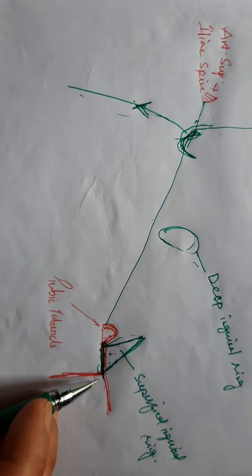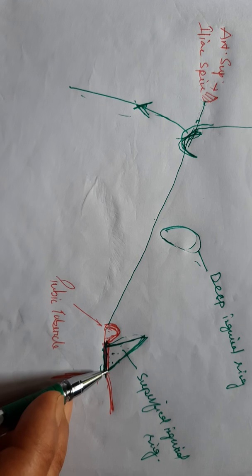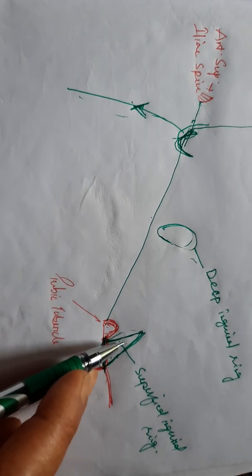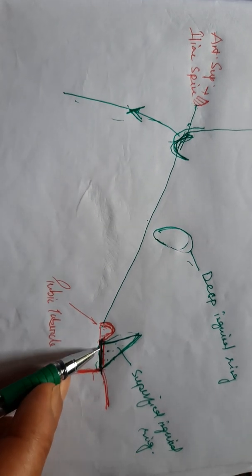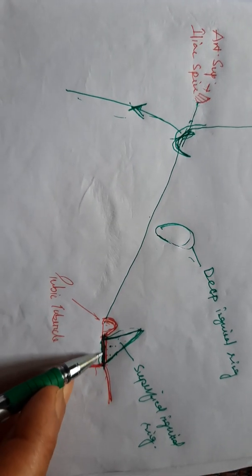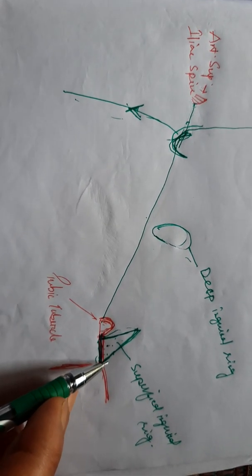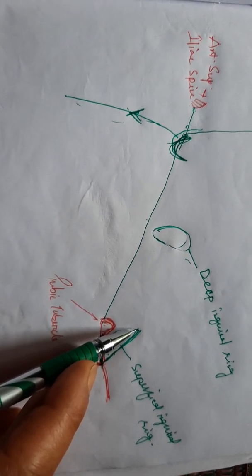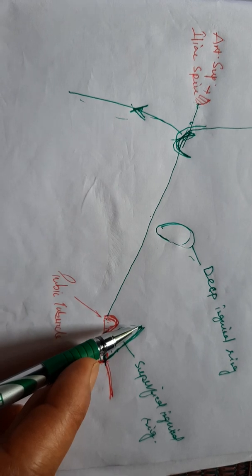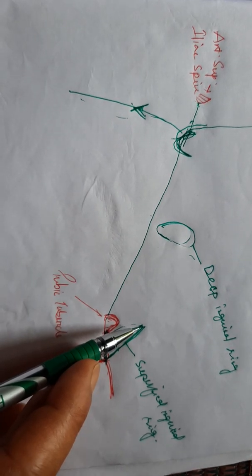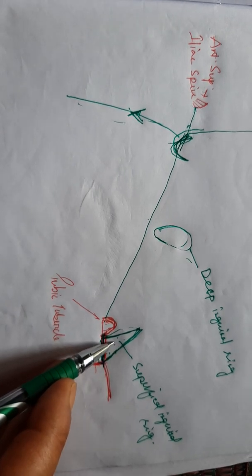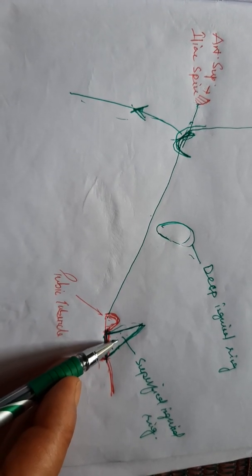Again, regarding the superficial inguinal ring, one thing you have to remember is that it is triangular in shape. Its base is formed by the pubic crest. Its apex is directed above and laterally, which is formed by the convergence of the two crura and kept in position by the intercrural fibers of the external oblique muscle.